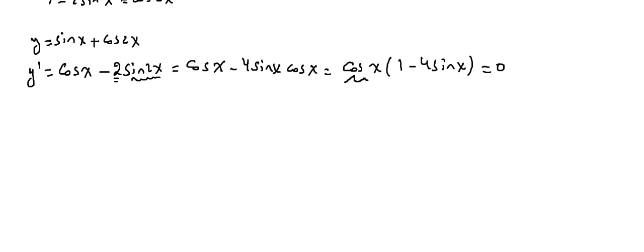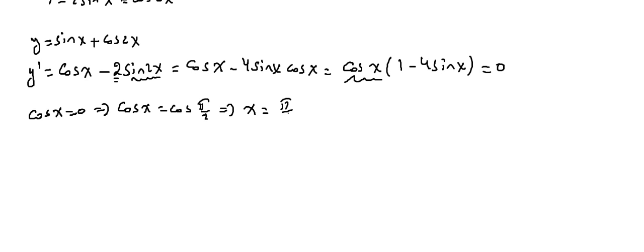Cosine x equal to 0 means cosine x equal cosine pi over 2, right? And x is equal to what in this case? x is equal to either pi over 2 plus 2k pi, taking k 0, so we will have x equal to pi over 2.